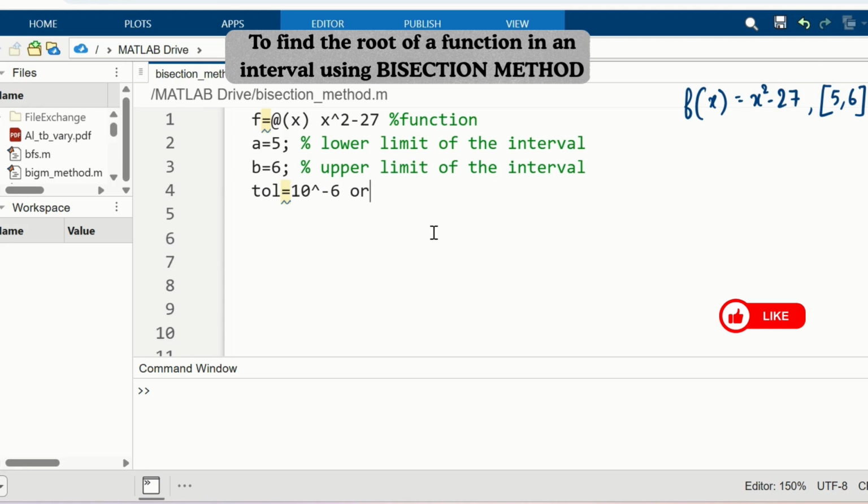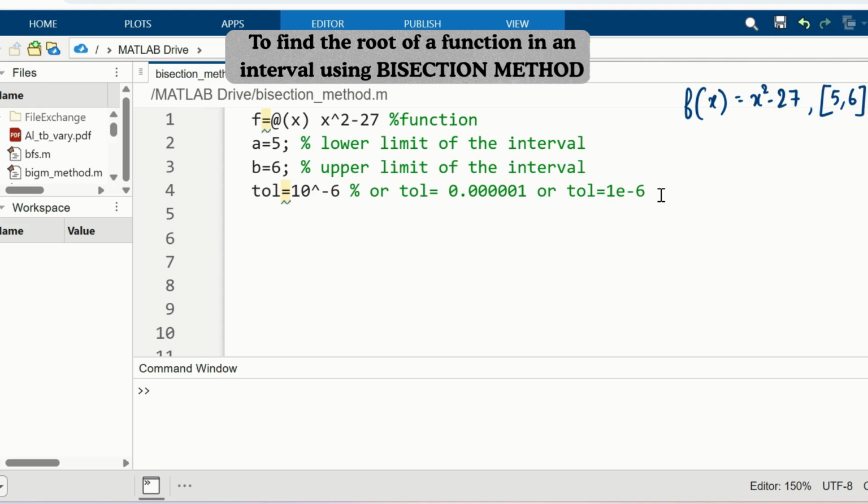Or you can also define tolerance in other ways. Suppose you can write TOL equals 10 raised to the power minus 6, which can also be written as 0.000001, or you can write it using exponential notation, which will be e raised to the power minus 6. So these are the different ways of defining your tolerance.